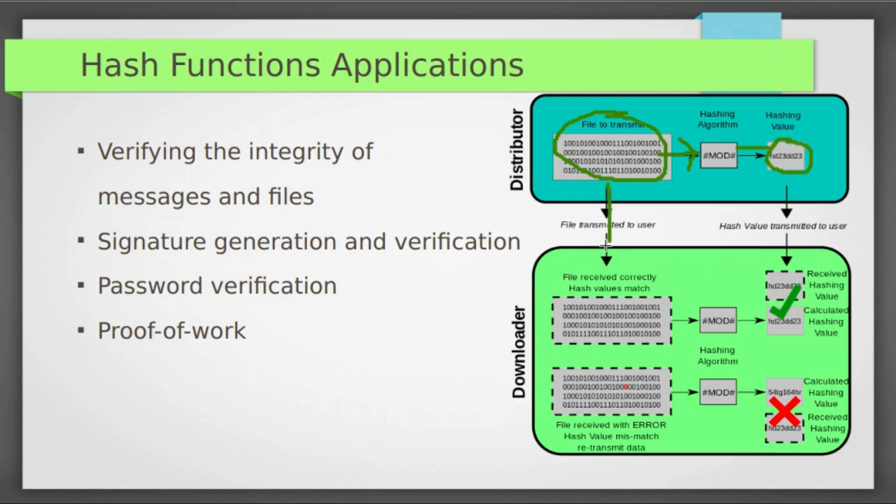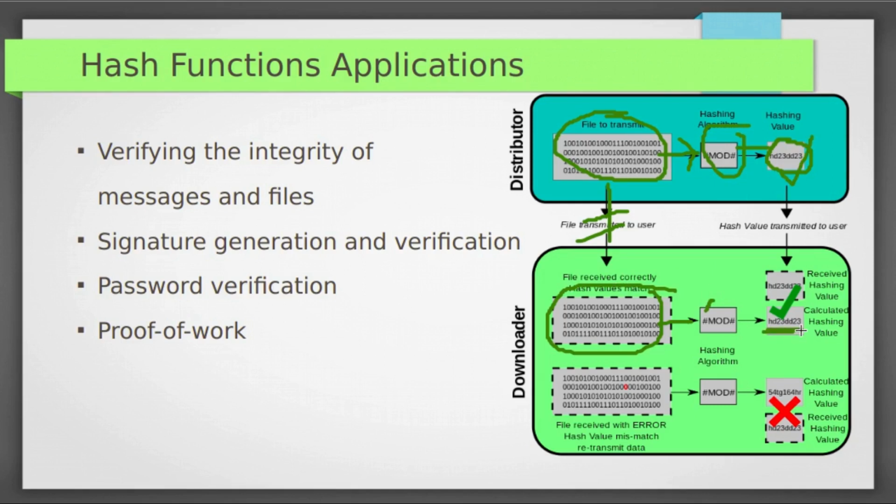Then if some downloader downloads this file, he has to check whether this file is modified or some errors occurred within the network. He can check that by using hash functions. He will give the downloaded file to the same hash function specified here, and calculate the hash of this file.